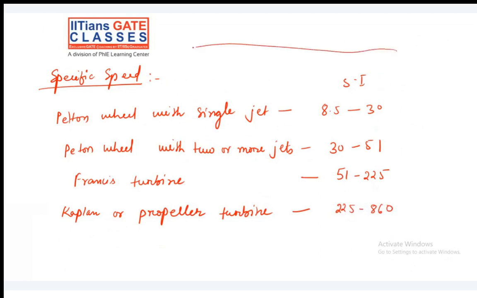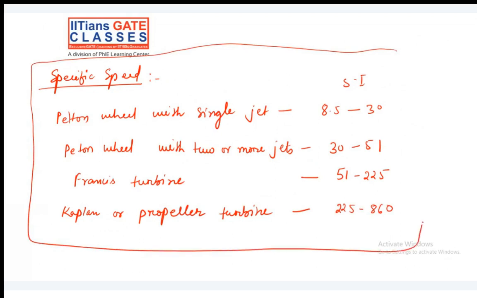Sometimes they will ask whether Pelton wheel is a high specific speed turbine or a low specific speed turbine. So at least we should know where specific speed values are high and where they are low.